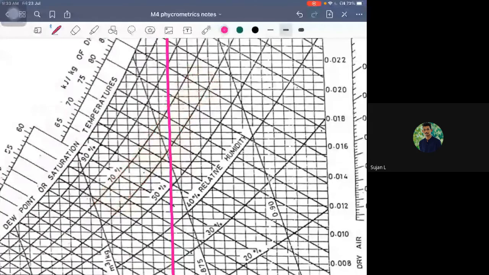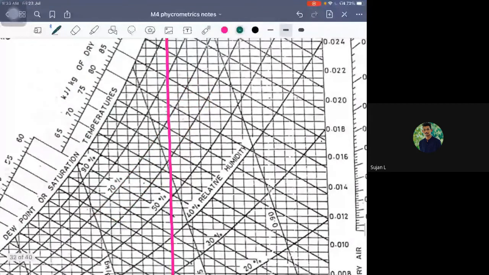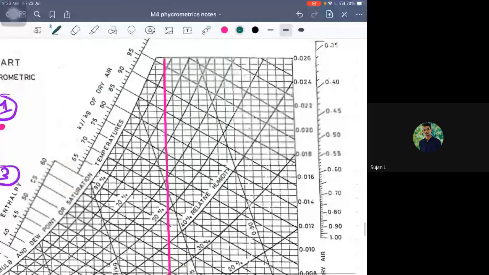So for the sake of reference, just draw an approximate curve for the 75%. So this is 75% RH.